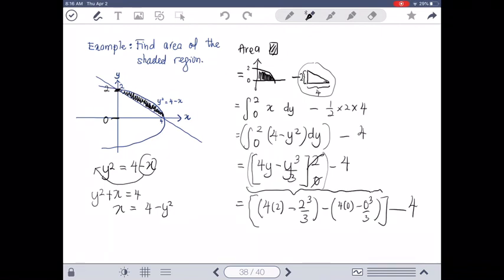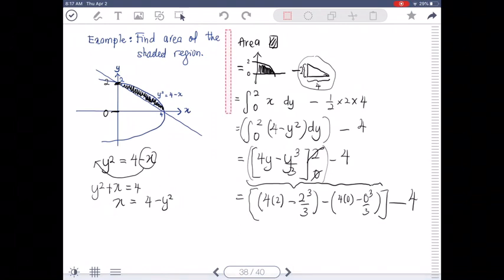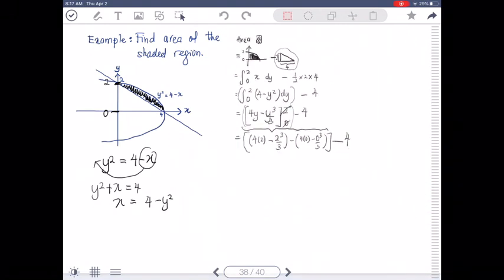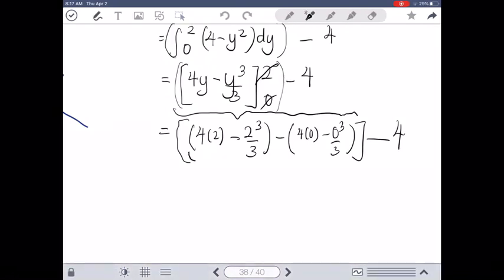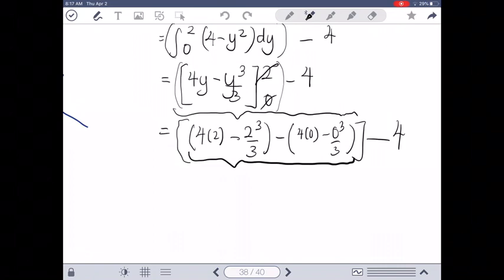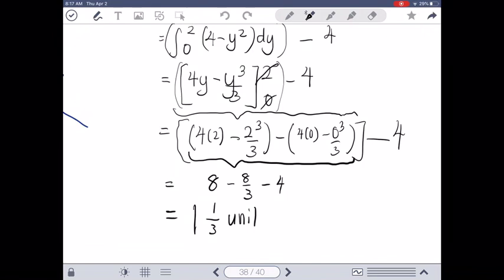This is produced from the integration. So from here we will get 8 minus 8 over 3 minus 4, everything. So the final answer should be 1 over 3 units squared.